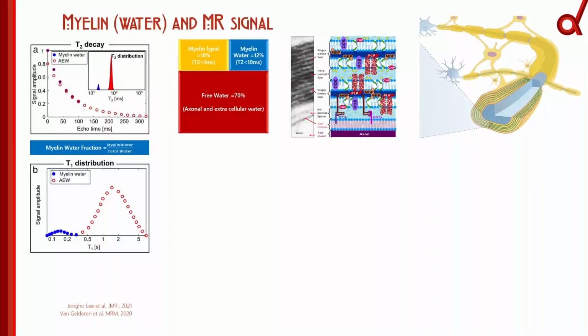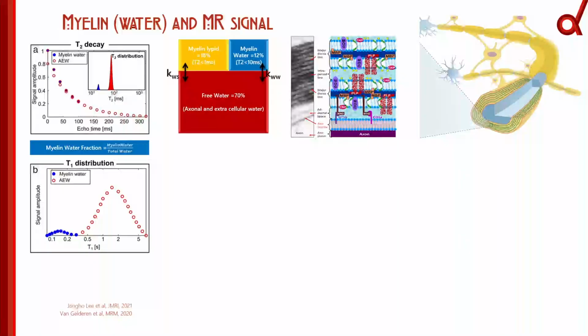Other people have also started noticing that this is not a property only about T2, but you also have an apparent T1, which is different in this myelin water compartment and the free water compartment. And because there's so much lipid, and there's so much exchange, and there are various types of exchange, chemical exchange between the free water and the bound water, and you also have all sorts of magnetization transfer, actually everything that you measure with MRI is usually quite sensitive to the lipids in myelin.